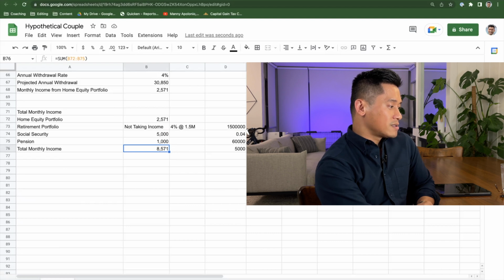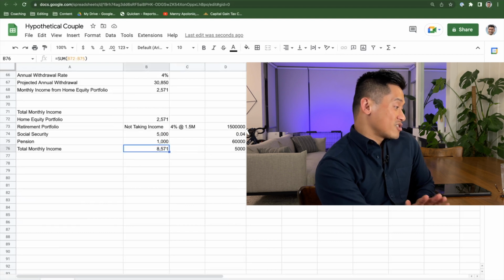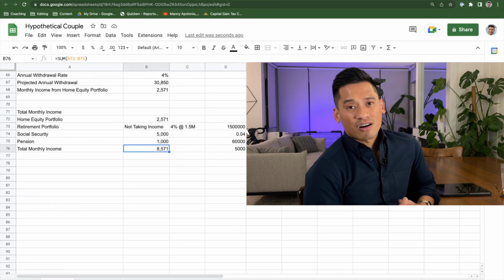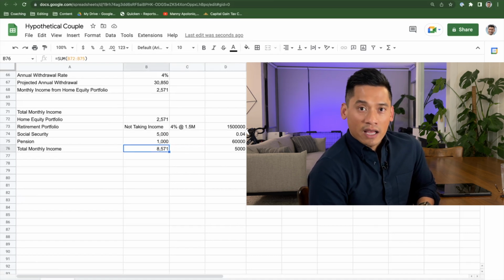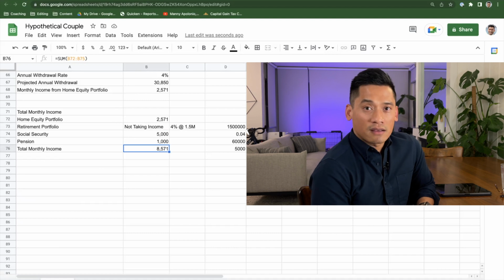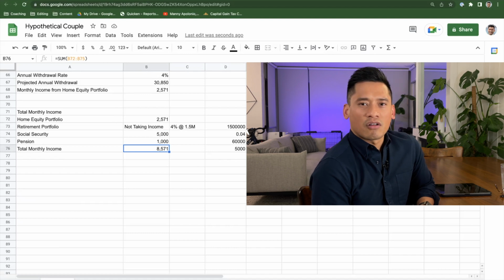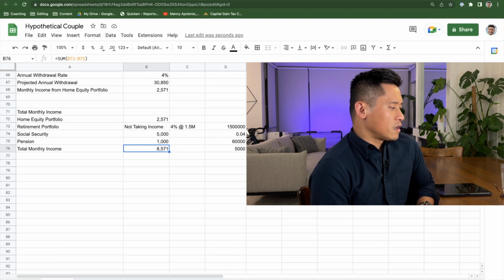I would not suggest taking some money from this portfolio because chances are they have less overhead running their home in Palm Springs. Remember, they moved into a condo community. Maybe they'll have an HOA, and maybe they'll have a land lease, but maybe they can knock $6,000 off of their annual spending, which I think they should be able to do because of less overhead.